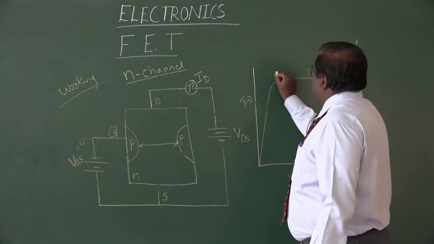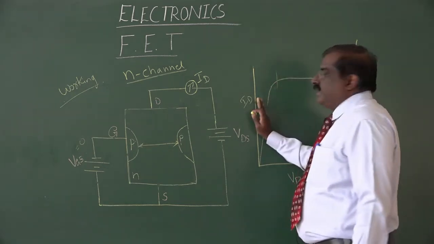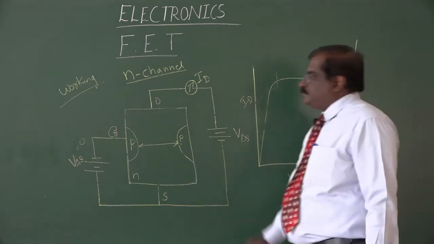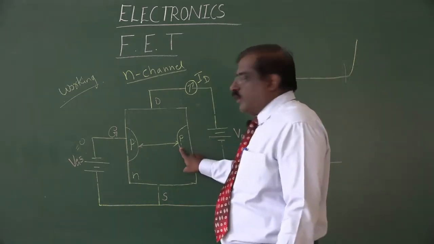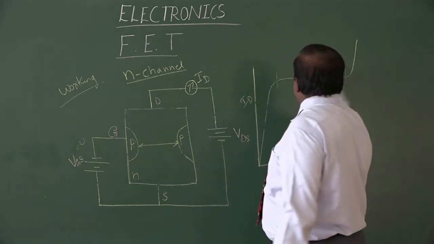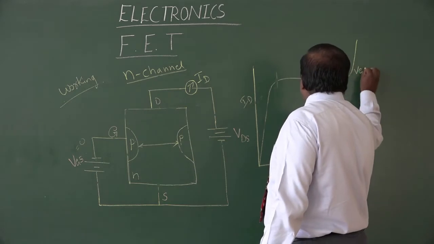This part we divide into the ohmic region, pinch-off region, and the breakdown region. The channel width is larger, so at that time the drain current will be larger. This is for VGS equal to 0 volts.